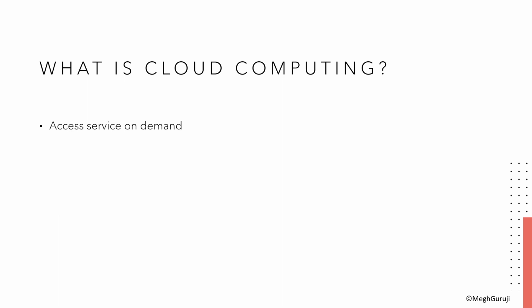Whenever you require some resource, you just ask for it, commit the payment, and then you get the resource as soon as you give the request. So cloud computing gives access to service on demand. Whenever you have the demand, you ask for it and you get the resource accordingly.